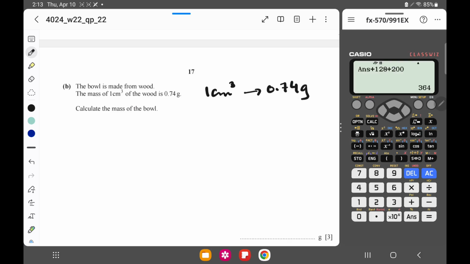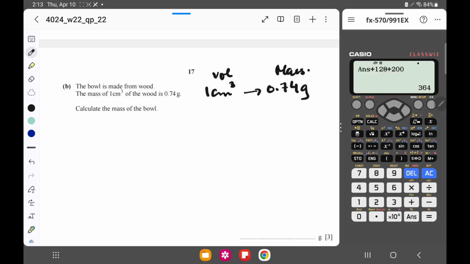To calculate the mass of the bowl, we need to find out the volume here. When 1 cubic centimeter has a mass of 0.74 grams, we need to find the mass of the bowl.